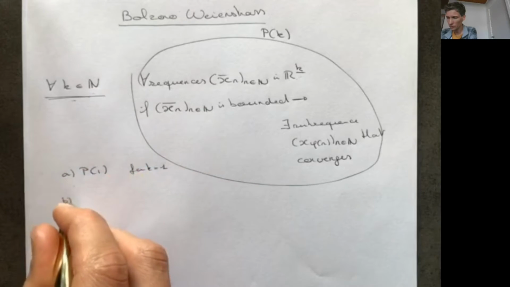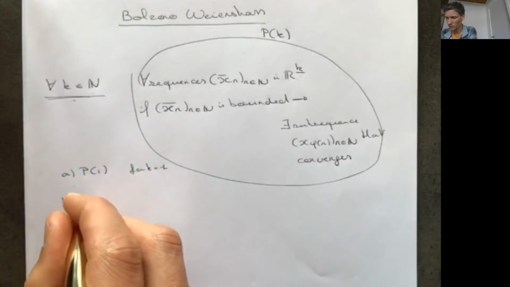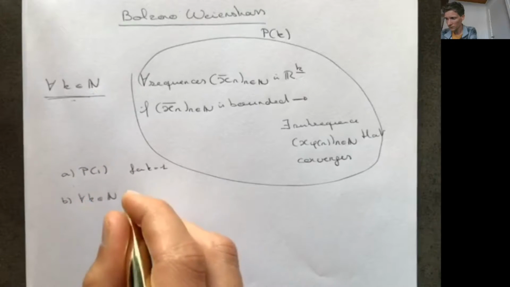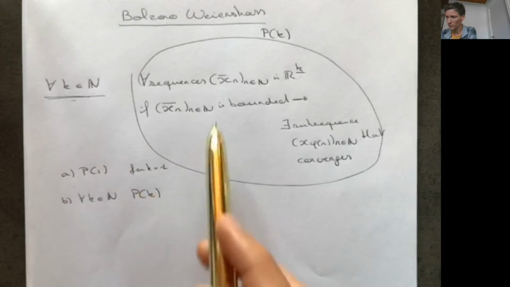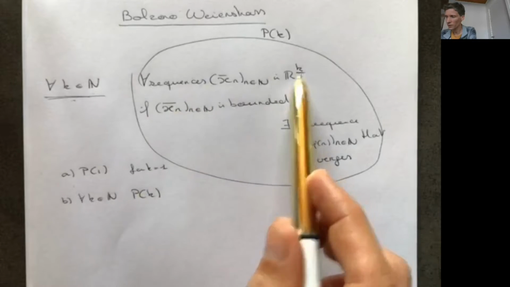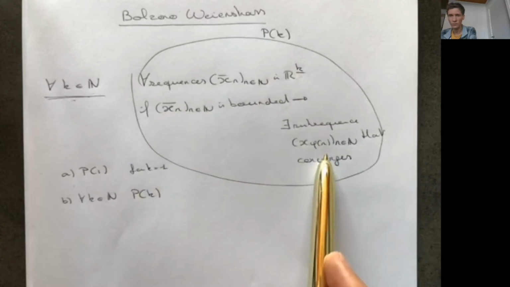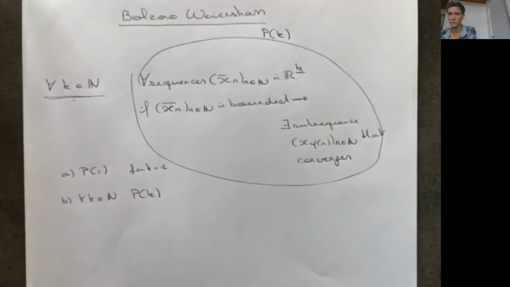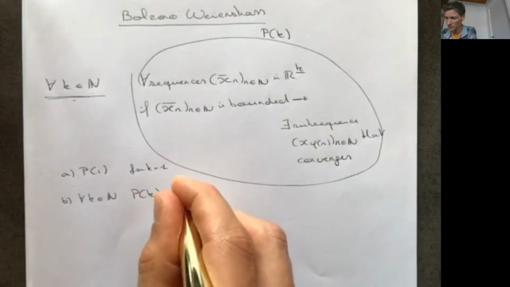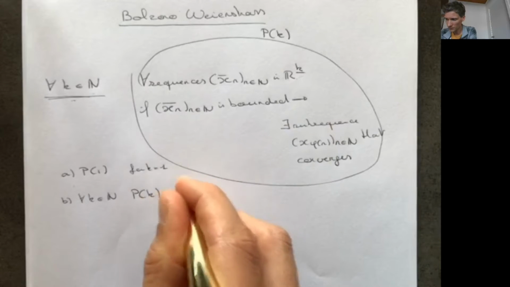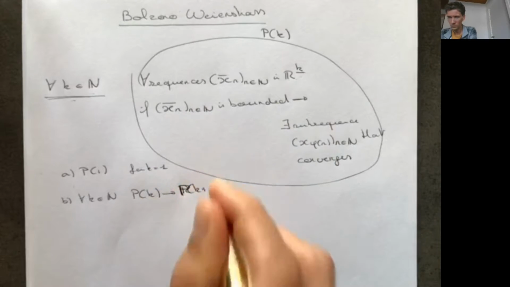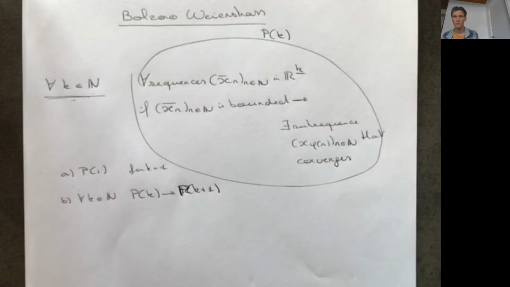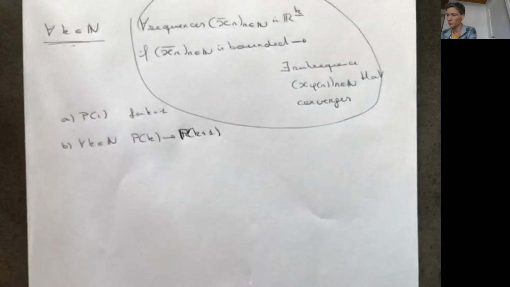And then B, you have to show that for all k in N, if P(k) is true, that is, if every sequence in Rk which is bounded has a convergent subsequence, then every sequence in Rk+1 that is bounded also has a convergent subsequence, P(k+1). Okay, so this is the proof strategy that we will use.